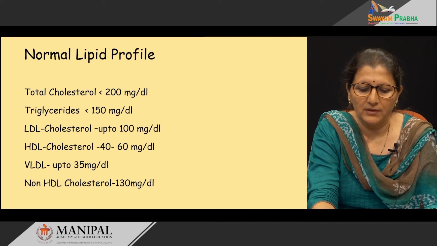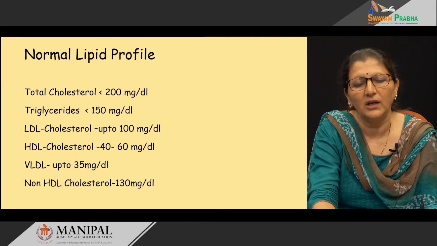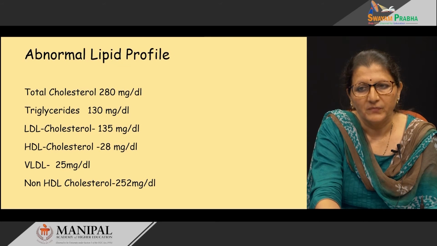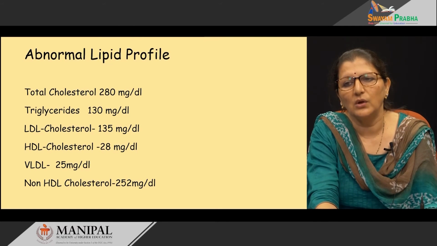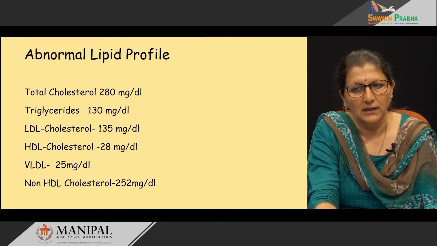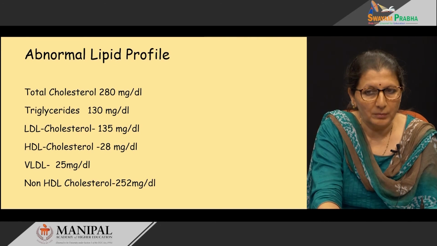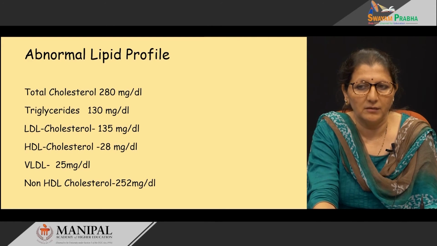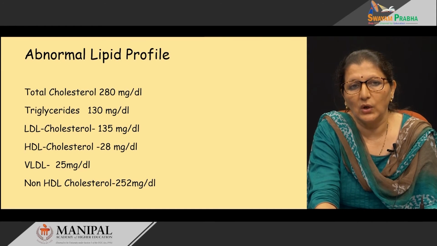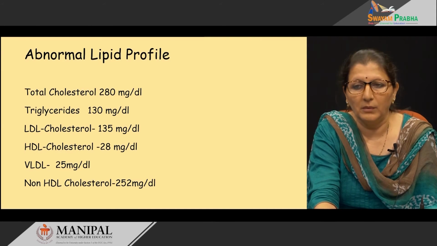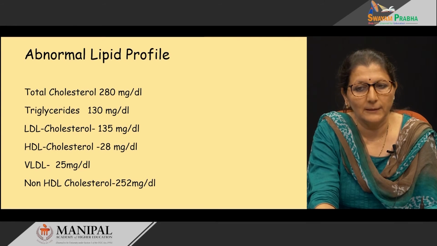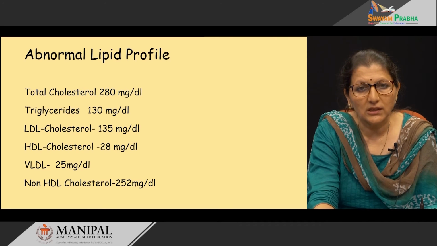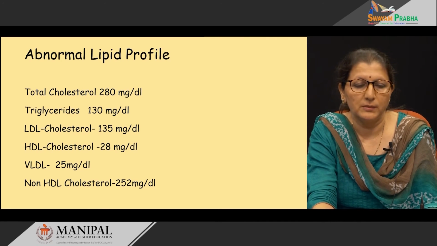What happens if there is a deranged or abnormal lipid profile as seen in this patient? In this patient, total cholesterol was 280 milligrams per deciliter, triglycerides were within the normal limit, LDL cholesterol was also high at 135 milligrams per deciliter, HDL cholesterol was reduced from normal at 28 milligrams per deciliter, VLDL was 25 milligrams per deciliter, and non-HDL cholesterol was 252 milligrams per deciliter.